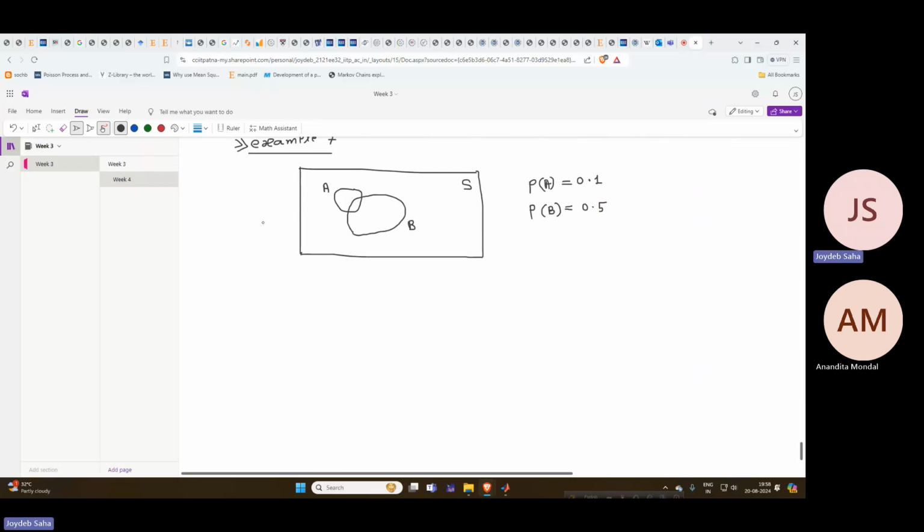Is it possible that probability of A intersection B is 0.2?